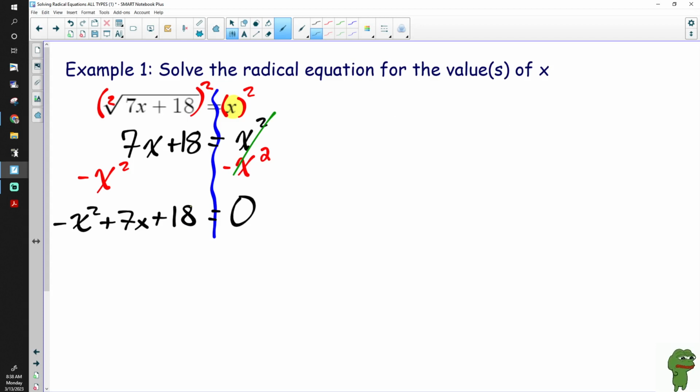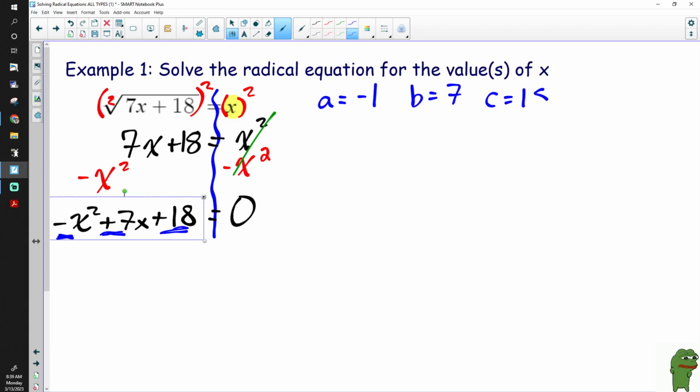It's the only way we know how to solve a quadratic. Okay, so in this problem, what's my A value? What number is in front of this x squared? Negative 1. My B value is positive 7. And my C value is 18. So this is what I'll use in my x.